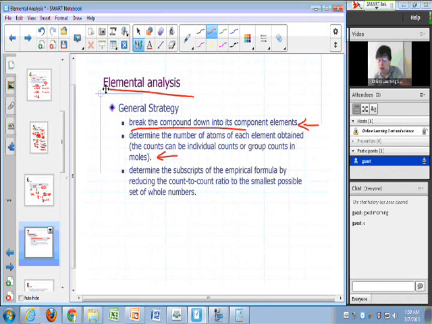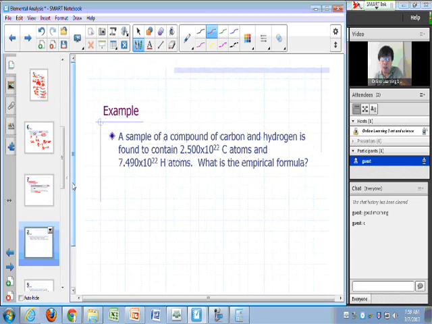And if you recall, the way we count is by moles, so you can also do a mole-to-mole ratio. So you determine the subscripts of your empirical formula by reducing that count-to-count ratio or mole-to-mole ratio to the smallest possible set of whole numbers. That would be our general strategy for elemental analysis.